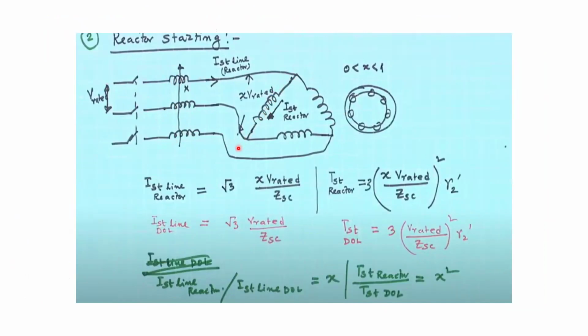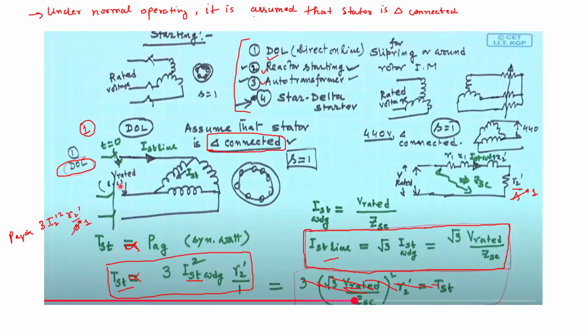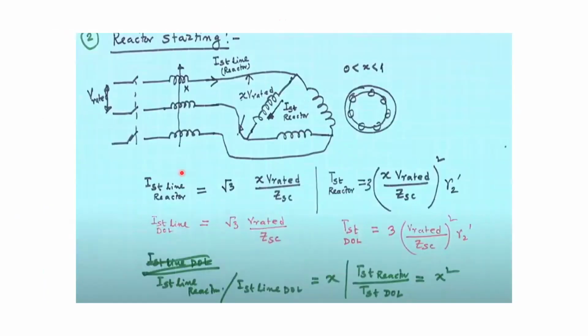Earlier, the whole V rated was coming across the induction machine. Now the whole V rated will not come; only some portion of it will come across the winding. Let us say it is X times V rated. Now X can vary from 0 to 1.